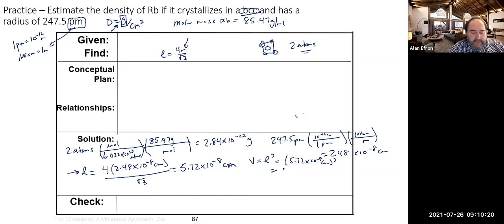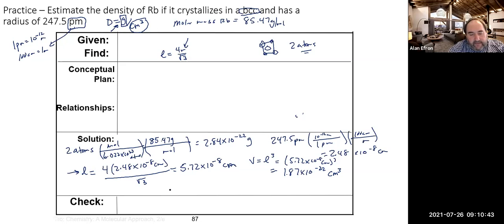If we cube it, we get 1.87 times 10 to the minus 22. That is how we turn it into cubic centimeters and a volume, which is the bottom part of what we need. The last part is just plugging it in.